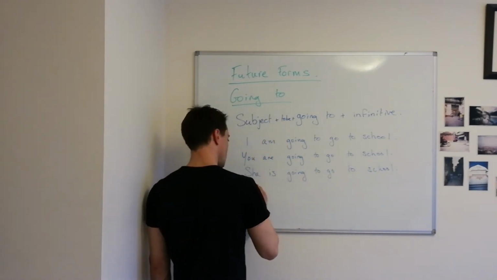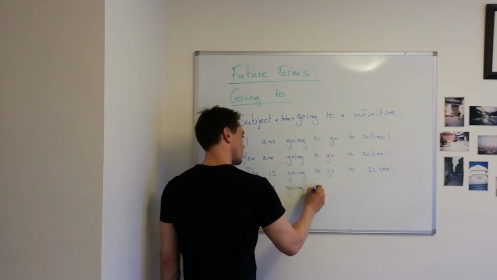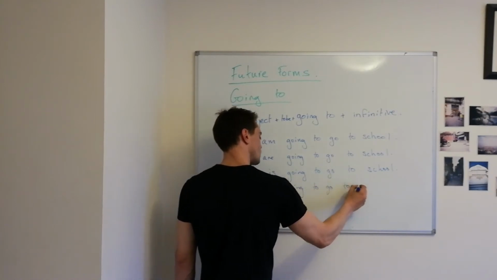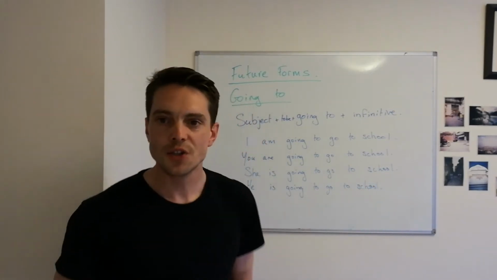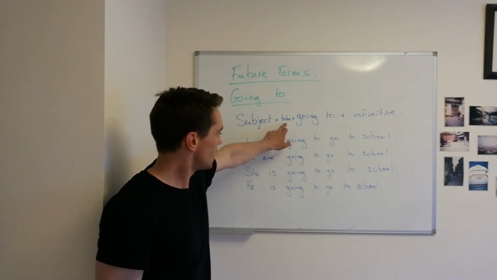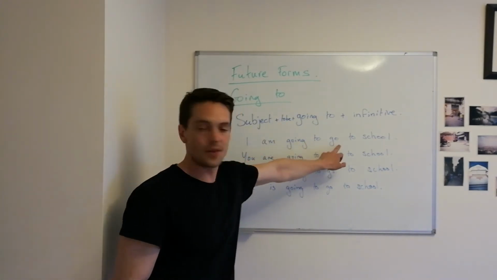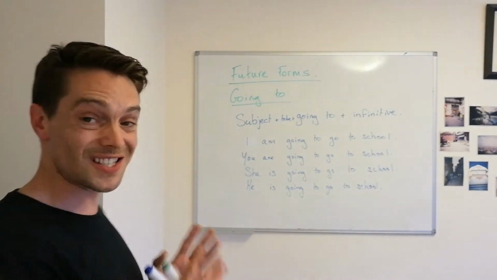And he is going to go to school. So with this one we have the subject, the verb to be, going to, and then the infinitive. Okay, and that's how we do it. That's how we do the positive sentence.